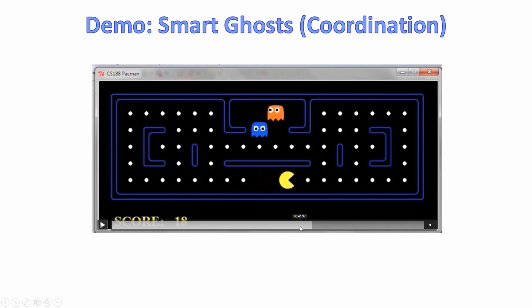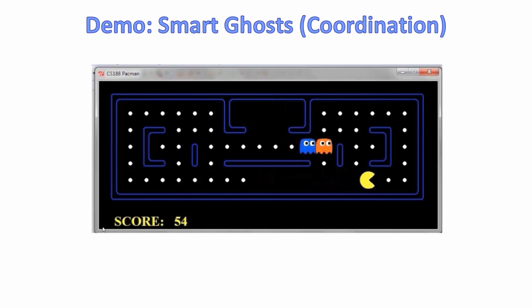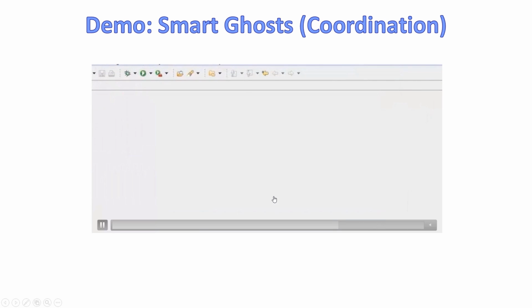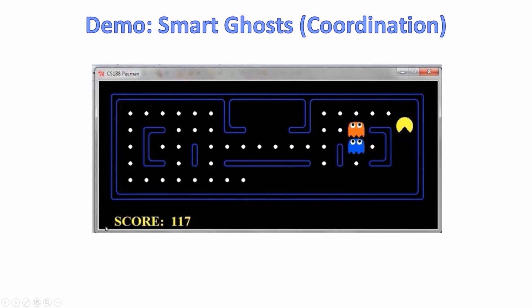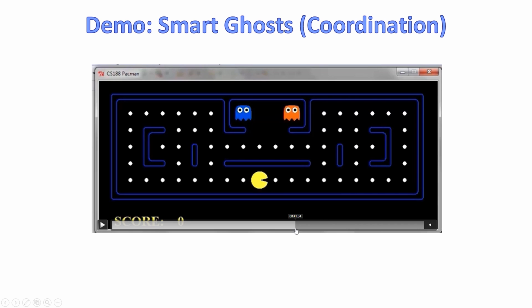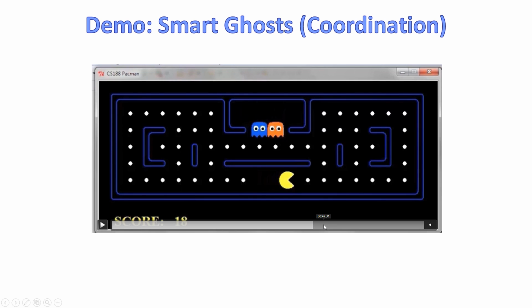You see the two ghosts are moving together, but at some point they are not. If we go back, here they are moving together in the beginning.